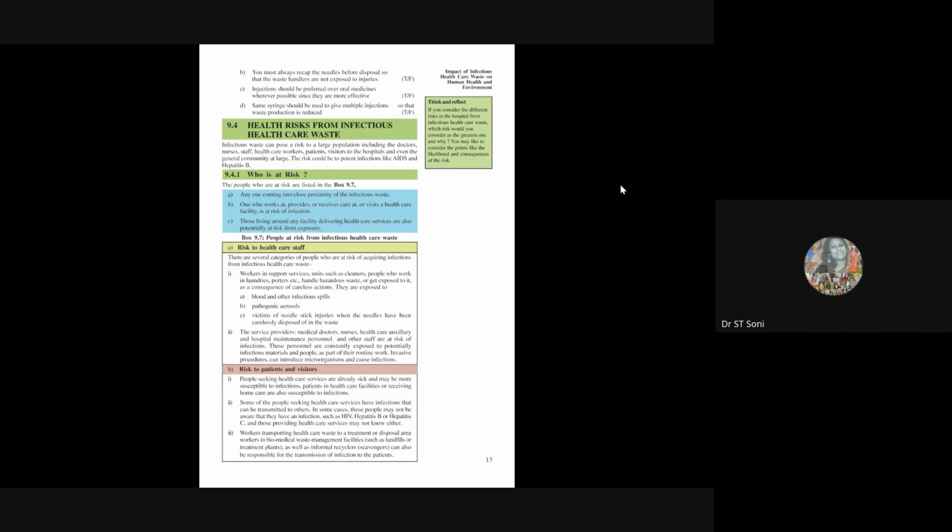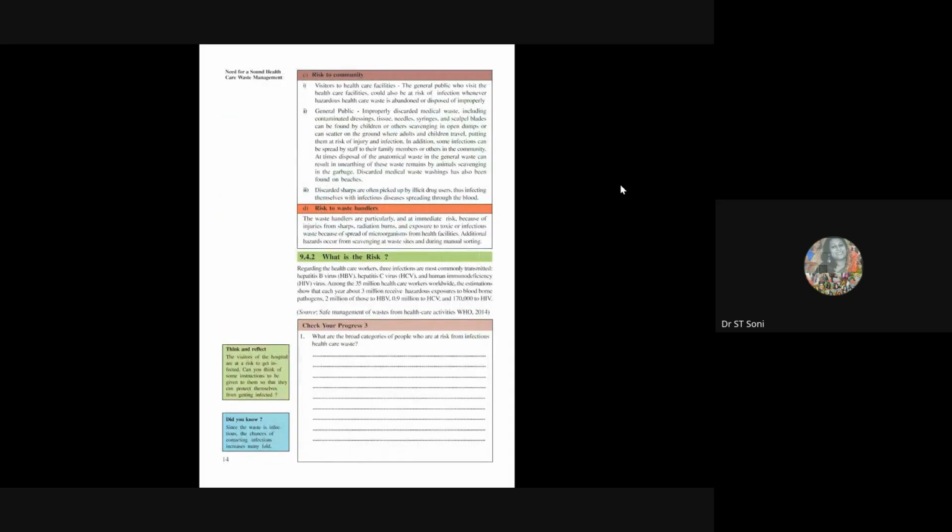So like in ICU, that's why we say do not allow more visitors inside the hospital, because we don't know who is at risk and who will transmit the infection from one patient to another. It is a risk to the community also, definitely. Improperly discarded, if they are reused in an inappropriate way, they will be the source of infection.